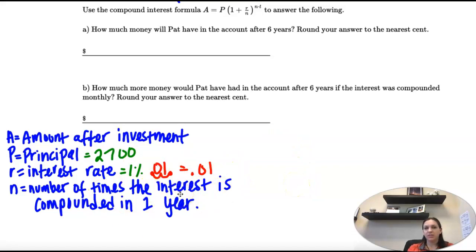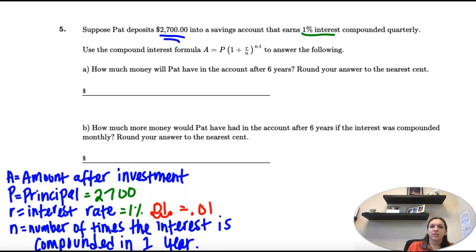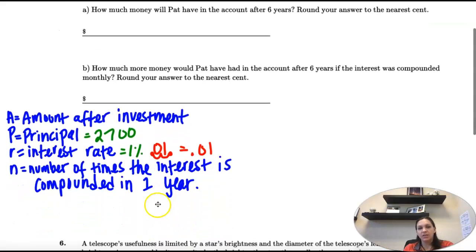Compounded means how many times the bank hits the interest, so you're going to get your interest payment. So that's what this means, compounded quarterly. So how many quarters are in a dollar? Quarter means 4. Okay, so 4 times a year the bank is going to pay you the 1% interest based on your balance. Okay, so n is 4.